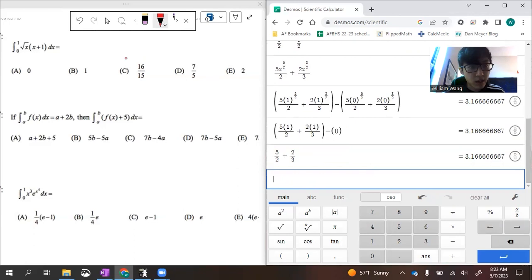And you might be like, which one of these is this? Well, you would have to know how to simplify these into a fraction, I guess. So let's see, what's the least common multiple between 2 and 3? I would say 6.